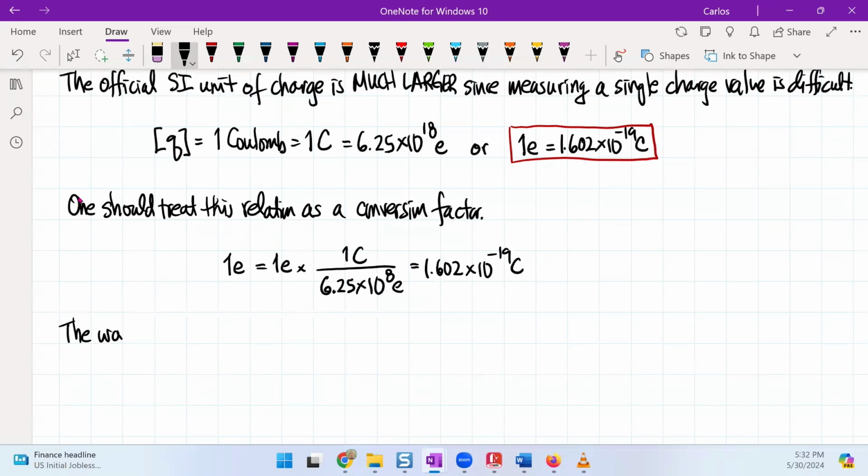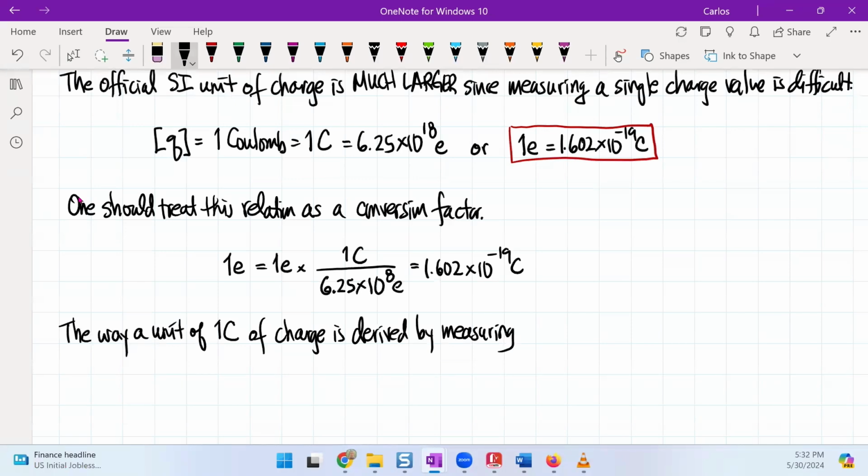The way a unit of coulomb of charge is derived is by measuring the electric current accurately.